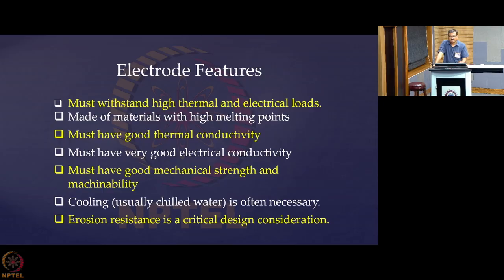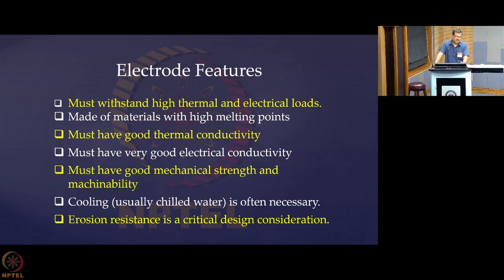They operate under very high temperature, and somewhere they may have to withstand very high pressure, because the electromagnetic body force may not allow the plasma to come out freely. They can pose as a barrier, and then the pressure of the cylinder can be exerted fully on the material surface.